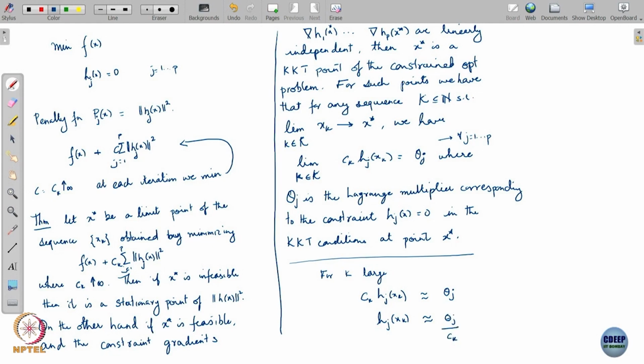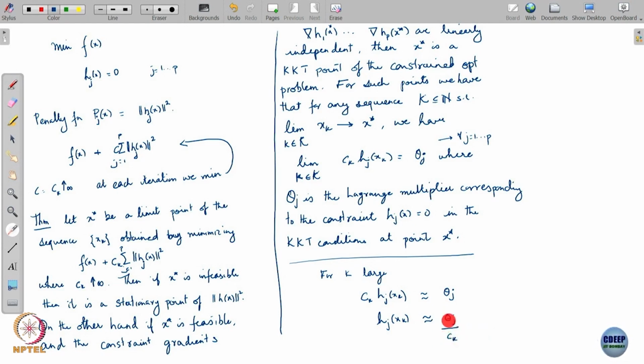Now, this particular thing is somewhat undesirable, because what it effectively means is that h_j is never actually going to become exactly equal to 0, which is what you would need. h_j has to be exactly equal to 0 for you to have feasibility. So, you are never going to have h_j exactly equal to 0 unless c_k itself becomes infinite.